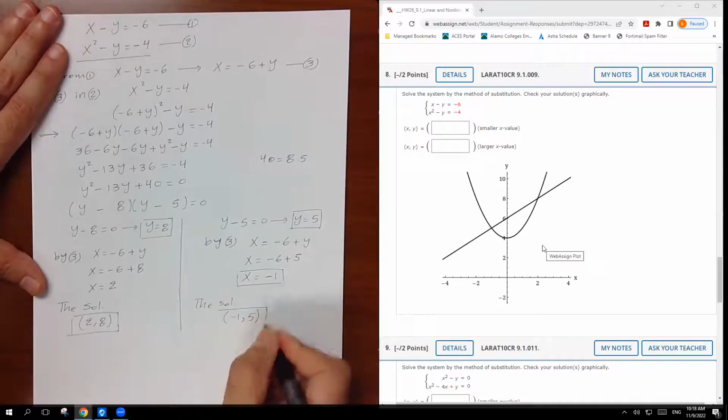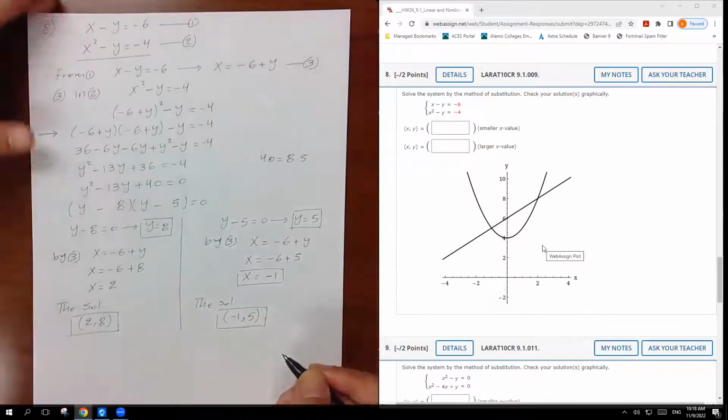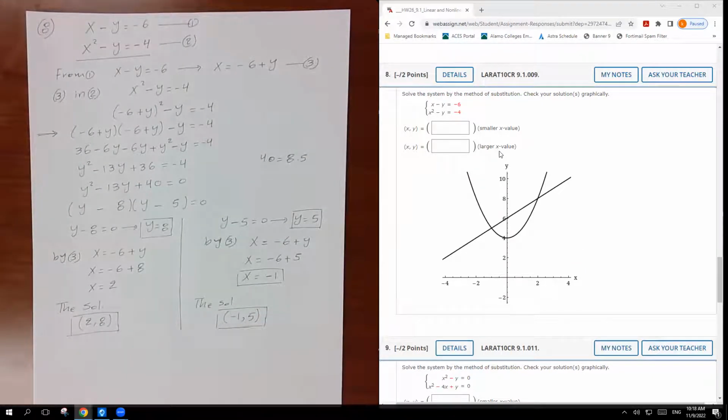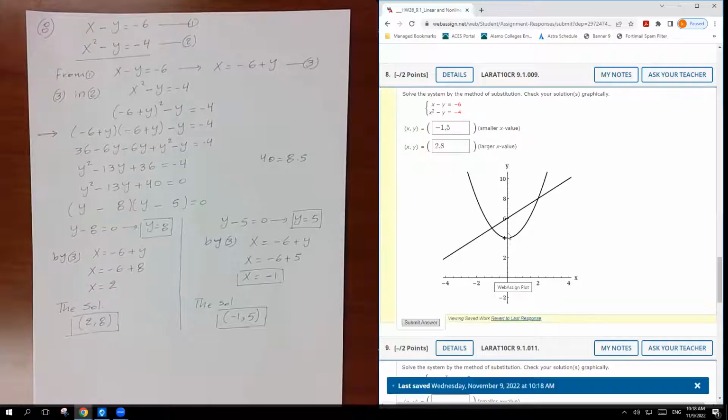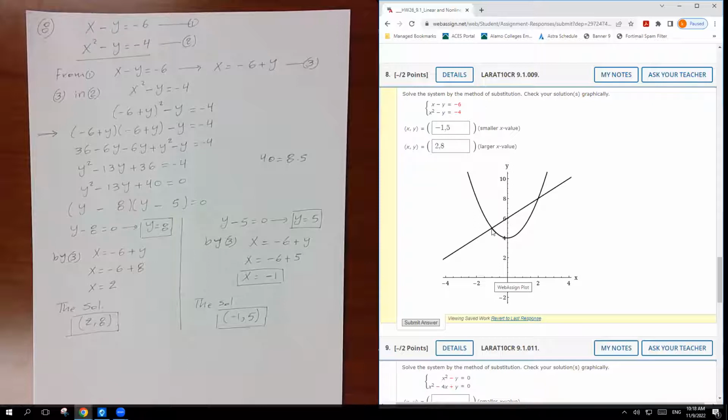Let's check these 2 points. So here we're gonna plug in the smallest x value, which is this one. That means I'm gonna put -1, 5. The second one, the larger x value, which is 2, 8. Let's check here on the graph. So this is -1, and the first intersection point here, which is 5, because here's 4, 4.5, 5, 5.5, and 6.